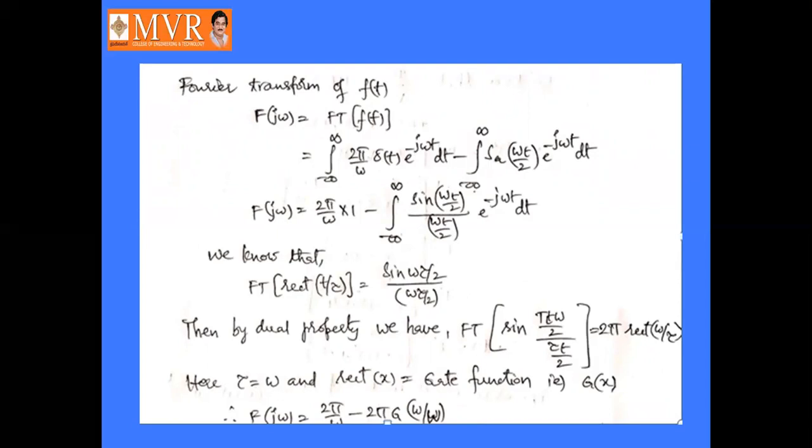Here tau is equal to omega, and the rectangular function is the gate function, that is G of x. Therefore, F of j omega is equal to 2 pi over omega minus 2 pi into G into W of omega by W.